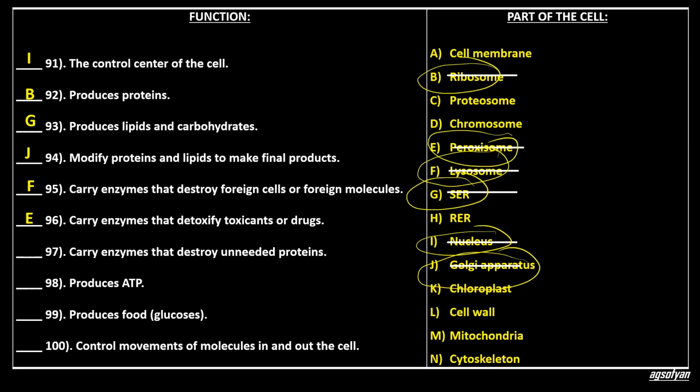The organelle that carries enzyme that destroys unneeded proteins, and the name is telling you, is going to be proteasome. The organelle that produces ATP, so this is your source of energy, your power plants inside the cell, which is the mitochondria.